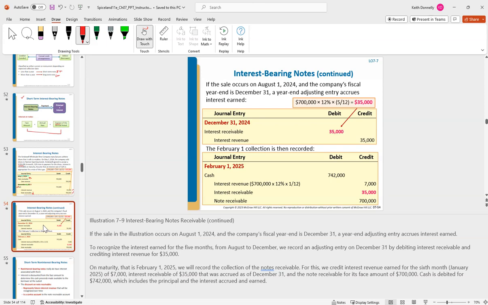Let's look at a modification of this. So here they're saying on 8/1 we make the sale. 6 months later, we'll collect, we'll get our money, the face plus the interest.